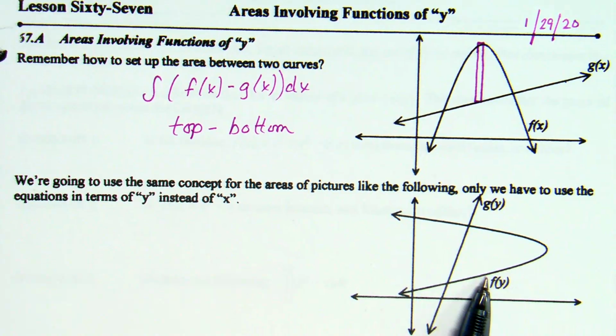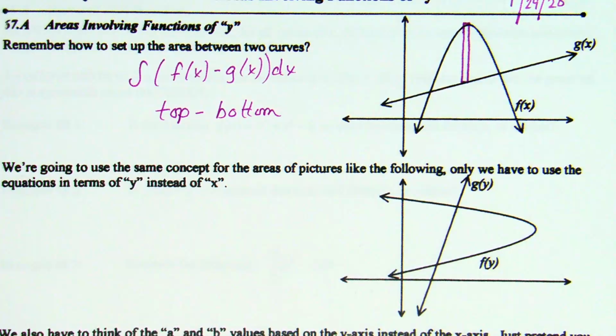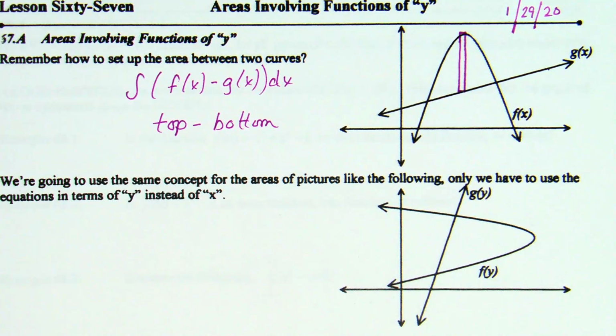So, in other words, in relation to the y-axis, we have one that is farther from the y-axis and one that is closer to the y-axis. So if we think upper minus lower here, but I turn it properly facing, I'm not going to really be doing that top minus bottom business. Far minus close, right minus left.